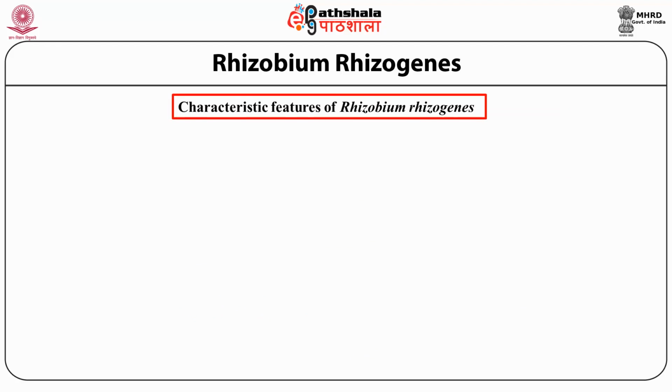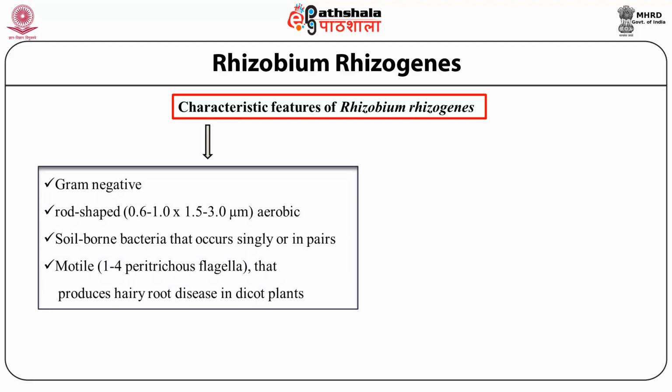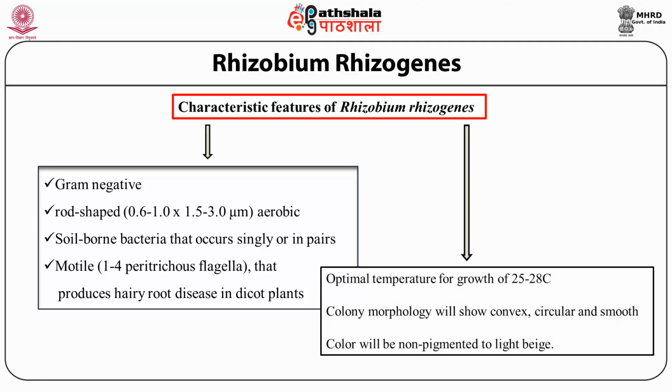The characteristic features of this bacterium are that it is gram negative and rod shaped, and it is present singly or in pairs. The optimum temperature for its growth is 25 to 28 degrees centigrade, and in colony morphology it shows convex, circular, smooth shapes.